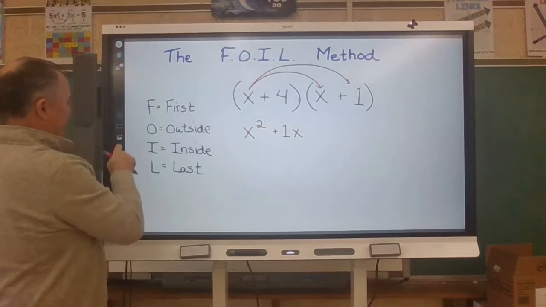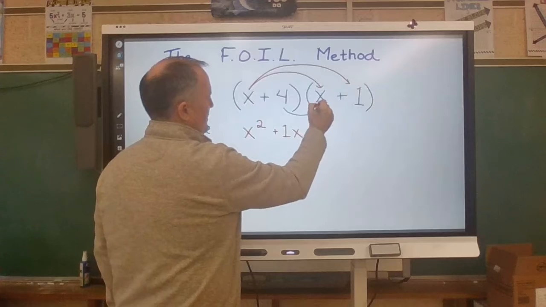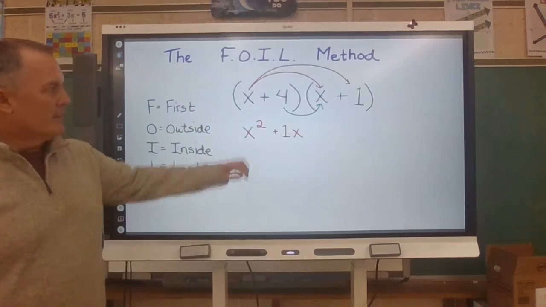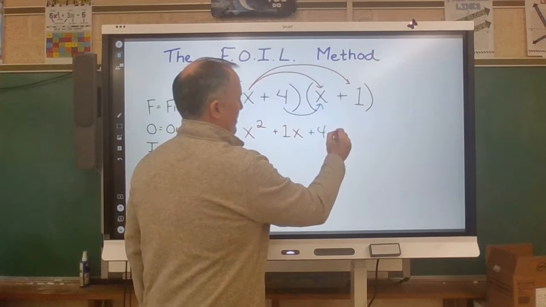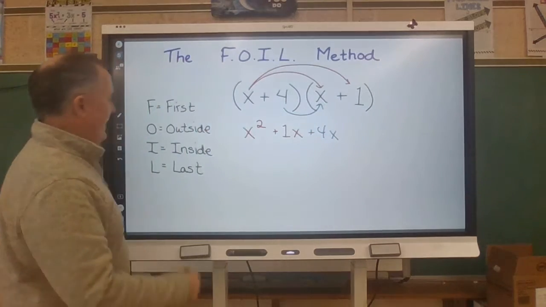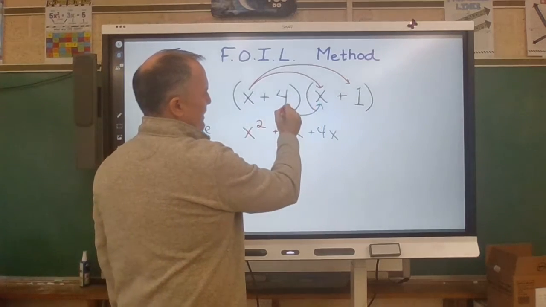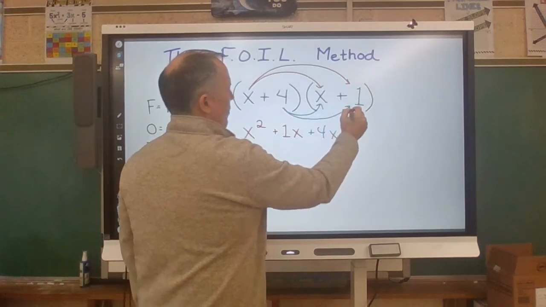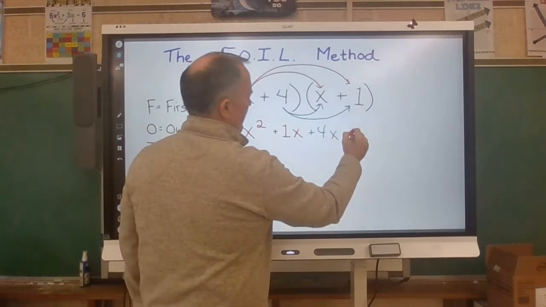Then we're going to do the inside, which is next, our two inside numbers or terms. 4 times x is a positive 4x. And then finally, we're going to do the last term in each binomial. We're going to multiply them together. 4 times 1 will be a positive 4.